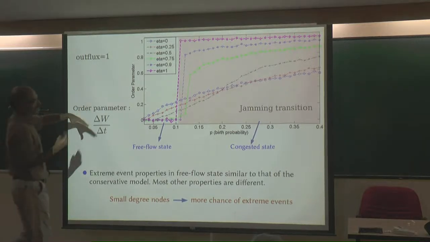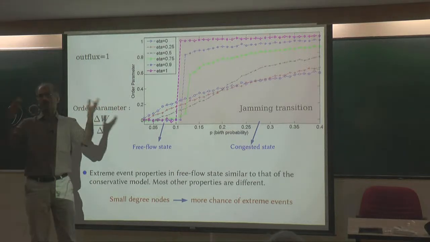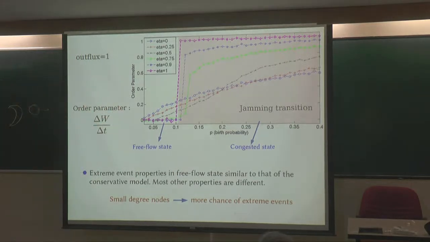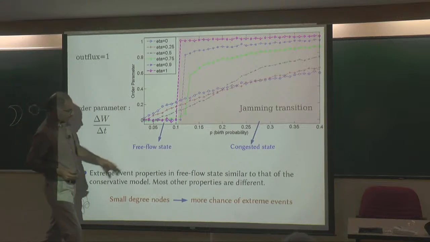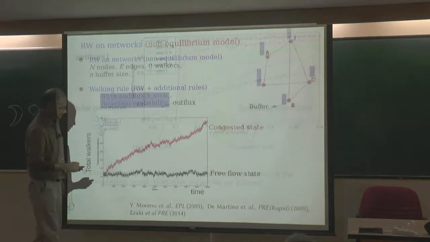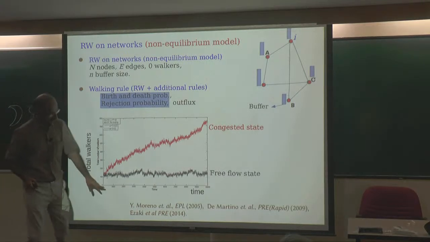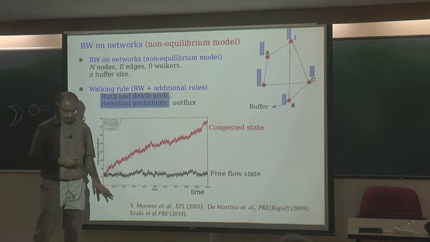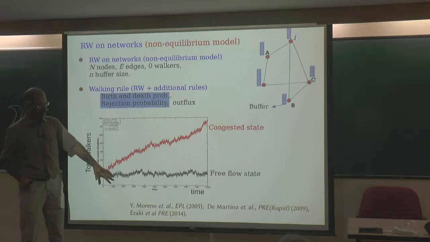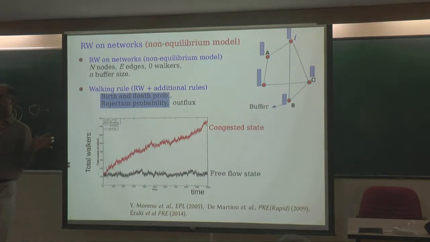So the order parameter is roughly the total number of walkers, or the rate of change of the number of walkers in the network. Here it turns out that if you are in the free flow state, which means that you are in a regime like this, where this is the total number of walkers as a function of time, then again the extreme event properties are the same as for the conservative model.